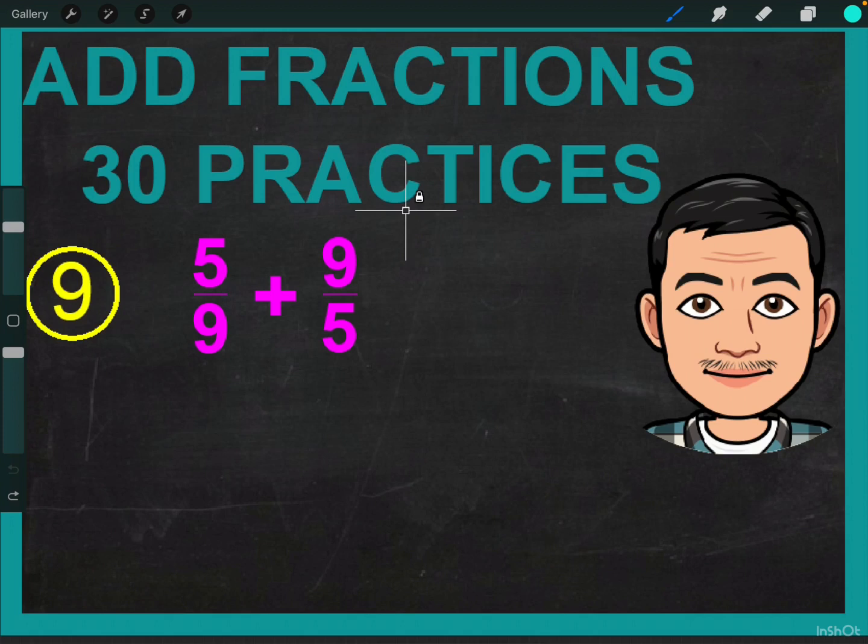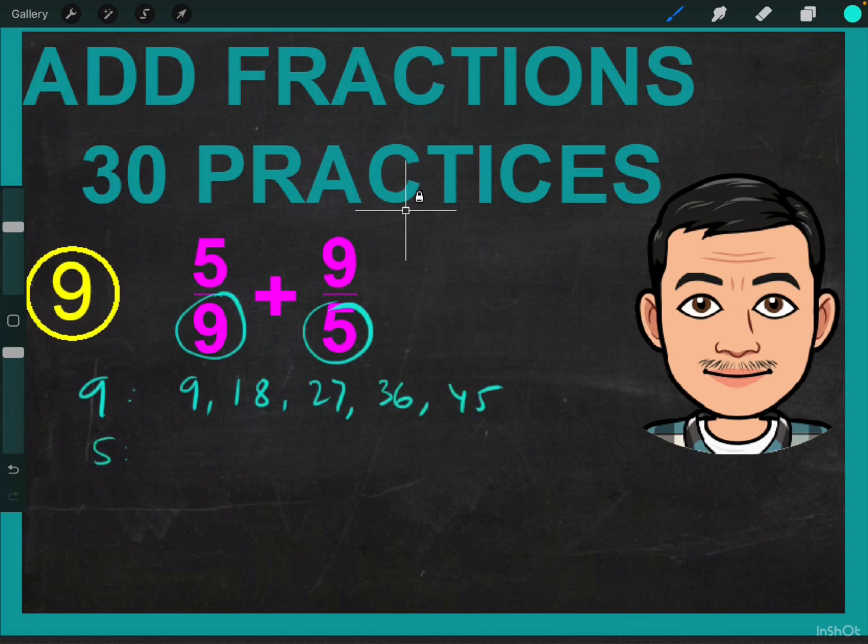Practice number 9. We have two fractions with different denominators, 9 and 5. So we go ahead and find out the LCM for 9 and 5. For 9, we have multiples 9, 18, 27, 36, 45.